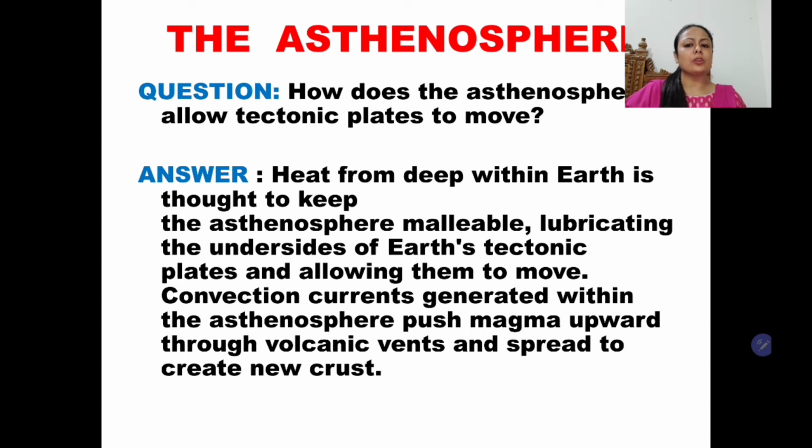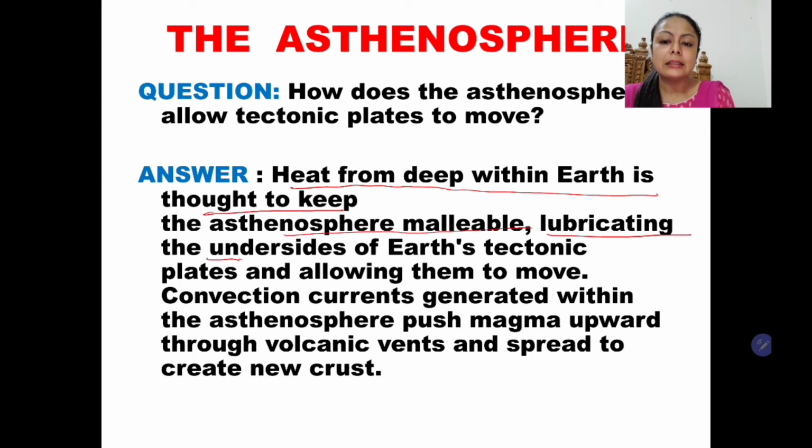How does the asthenosphere allow tectonic plates to move? I have explained about the convectional current. Heat from deep within the Earth is thought to keep the asthenosphere malleable, lubricating the undersides of the Earth's tectonic plates and allowing them to move.